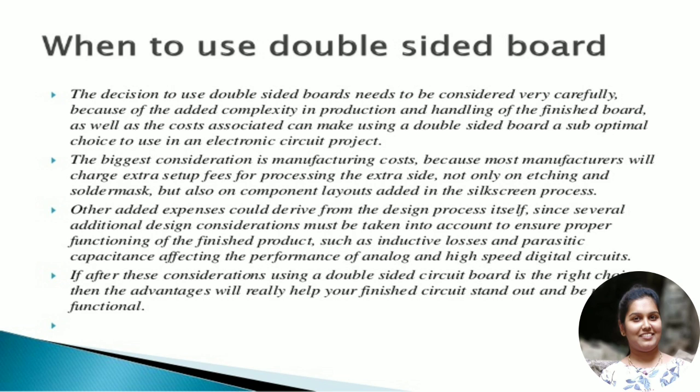The biggest consideration is manufacturing cost, because most manufacturers will charge an extra setup fee for processing the extra side, not only on etching and solder mask, but also on component layouts added in the silk screen process.